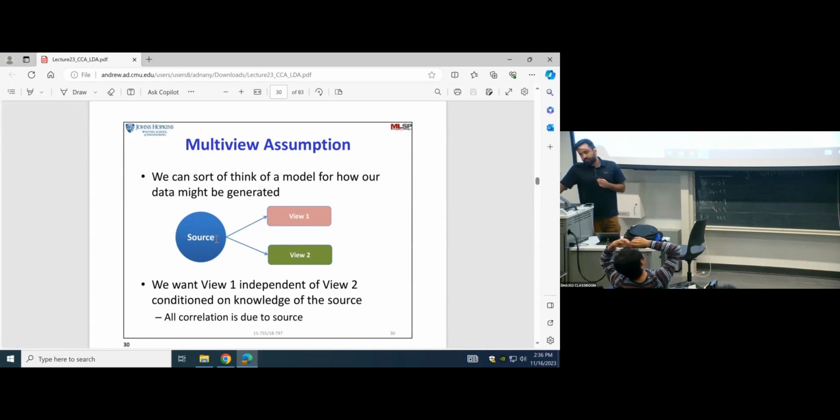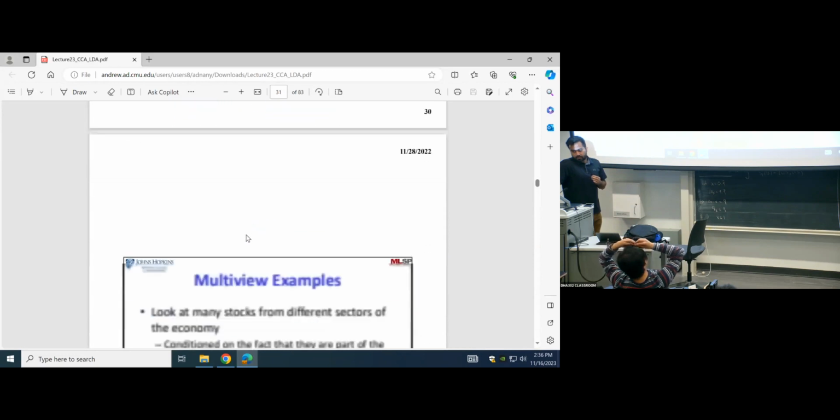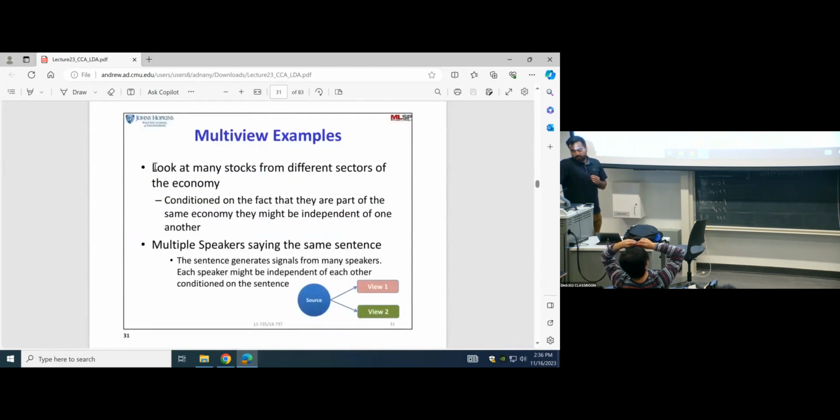They're from the same source. If they're from different sources, then they're not correlated at all, right? Because they're different sources. As an example, look at stocks from different parts of the economy. They're from the same economy, but they might have some correlated strength between the two, or multiple speakers saying the same thing.